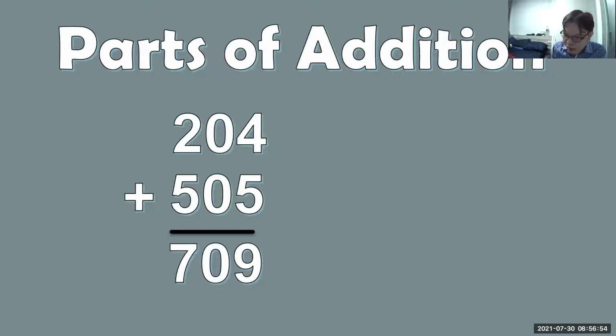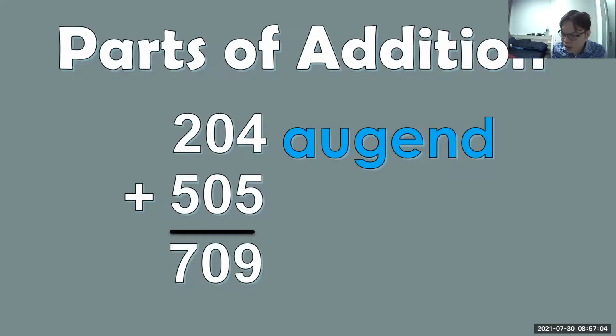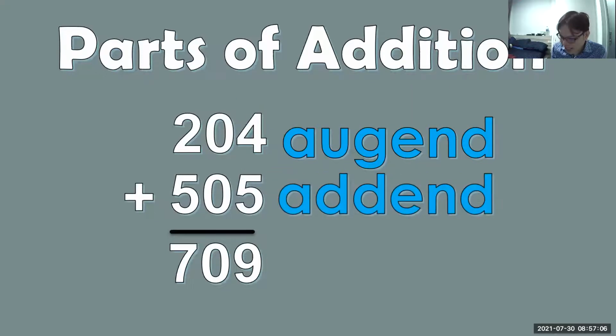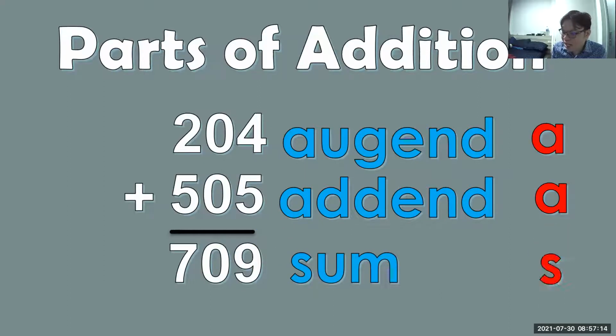If we have 204 plus 505 equals 709, what is 204? We call it augend. And what is 505? We call it addend. And 709, we call it sum. Now to remember, we have AAS. Just remember AAS: augend, addend, sum.